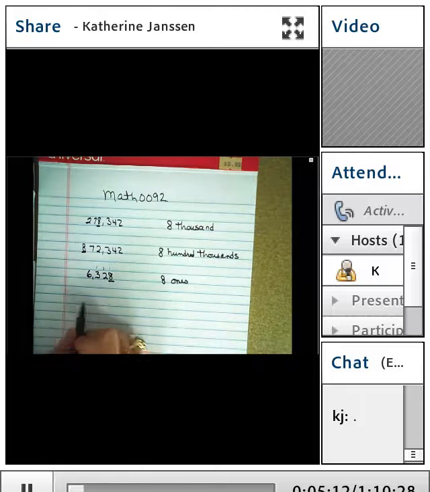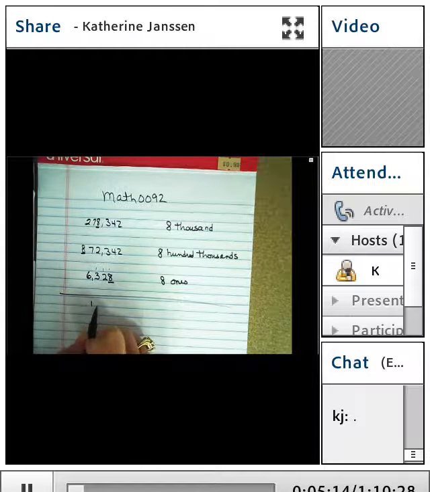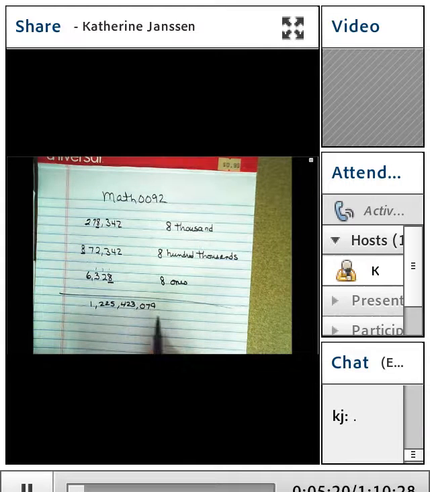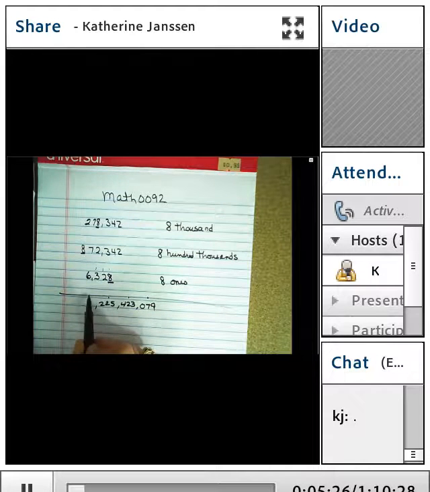So my number is 1, 2, 2, 5, 4, 2, 3, 0, 7, 9. Use the ones, the thousands, the millions, the billions, and we're looking for what digit names the number of the 10 millions.